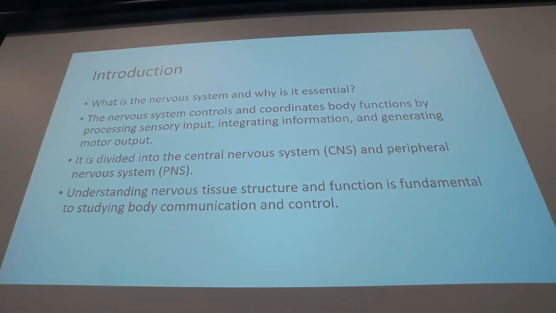So now, first, what is the nervous system and why is it essential? The nervous system is these structures that we have within the body that are in charge of processing information and then responding to this information. So we have sensory information all around the environment and also internally, and then we have to process this information, what it means, what we need to do, how we react.